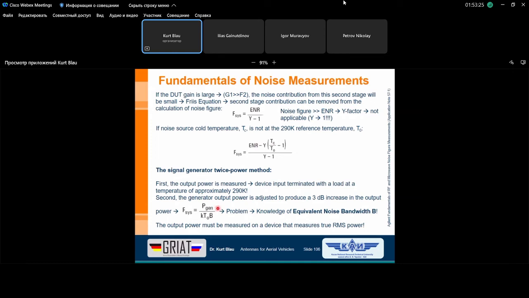If you look at the formulas, you can see that because of this summation, we cannot determine the gain. If the output power is only twice the added noise power, and we look at what our generator has delivered, this is not the power gain. It's a wrong value. But to determine our overall noise figure, we can look at this value.